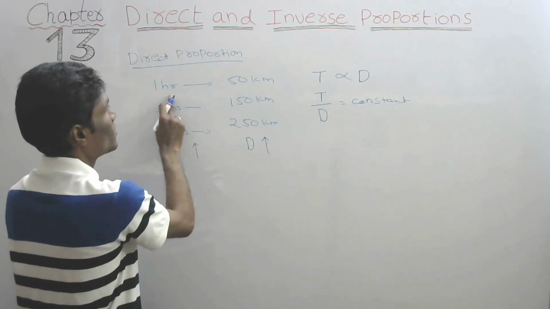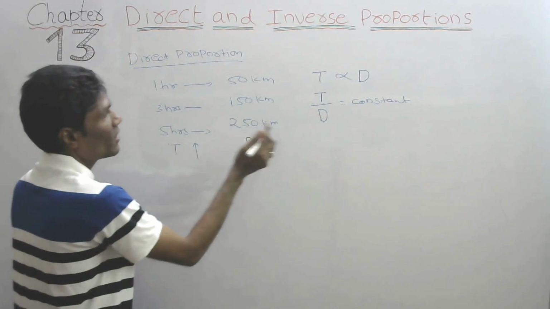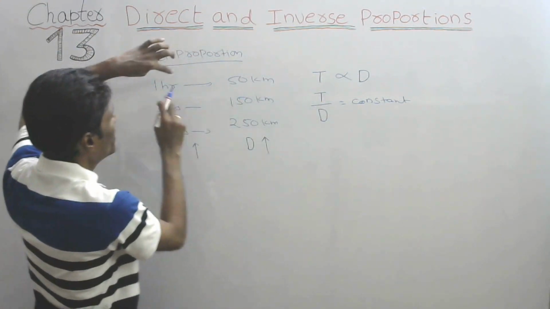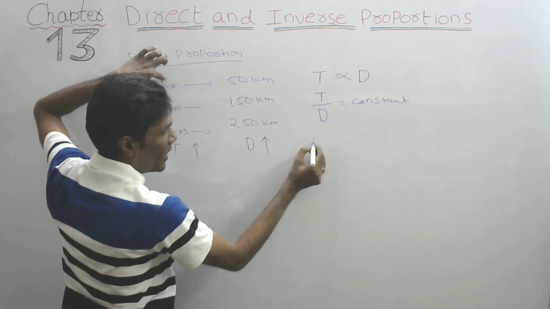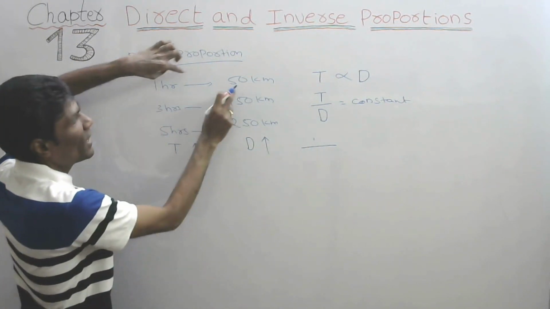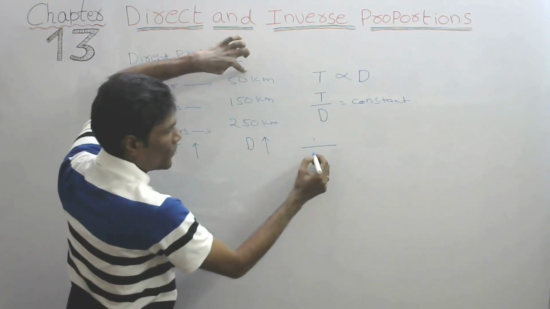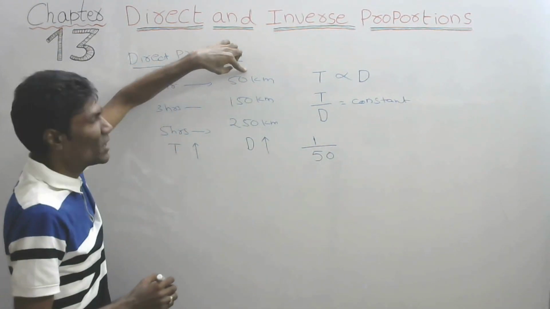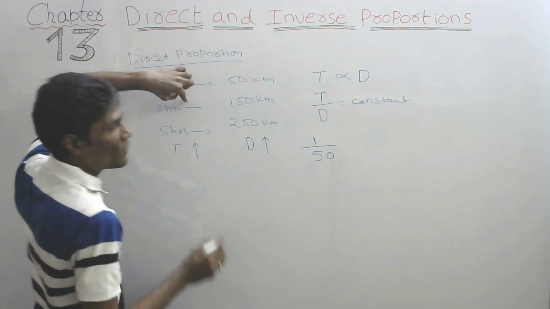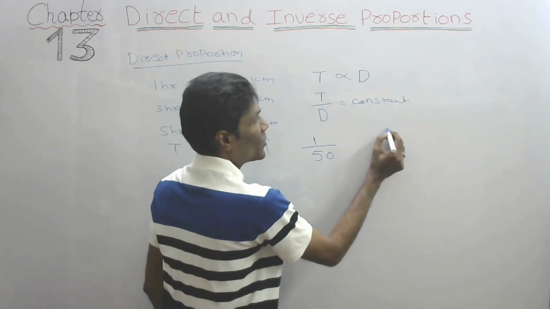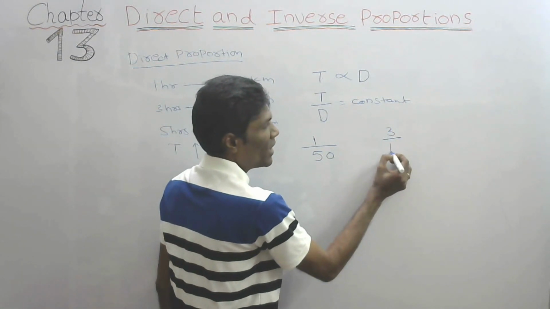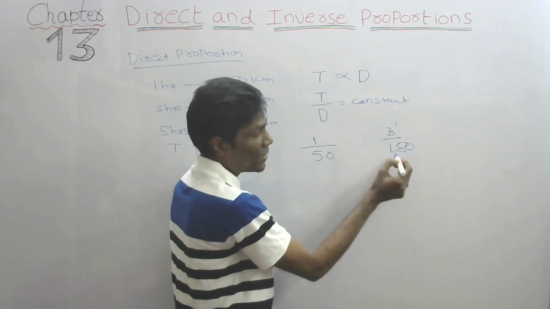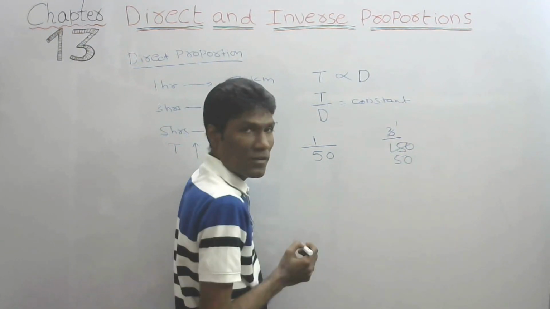Now, in the first case, what is T? Time 1 hour divided by distance 50. 1 by 50 in the first case. Second case, 3 by 150. 3 divided by 150. Let us cancel. 3 ones are 3, 3 fives are 15.